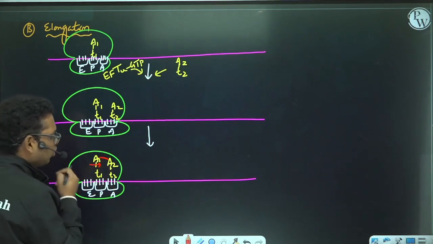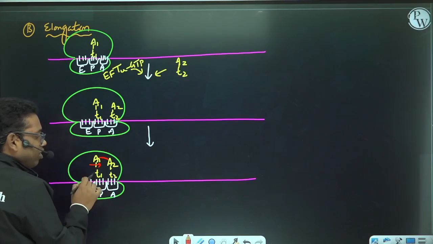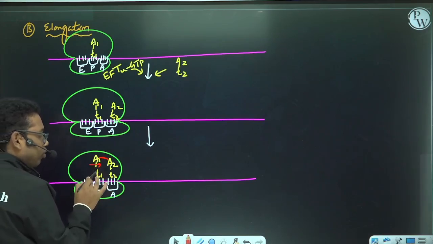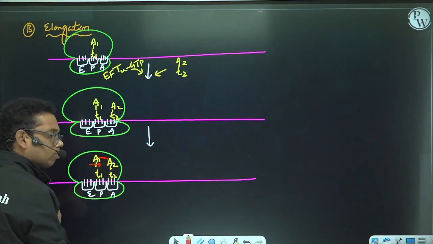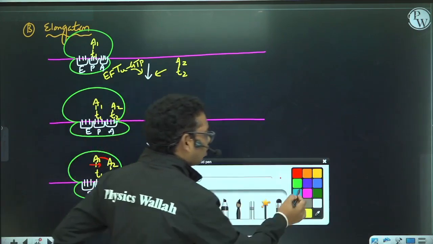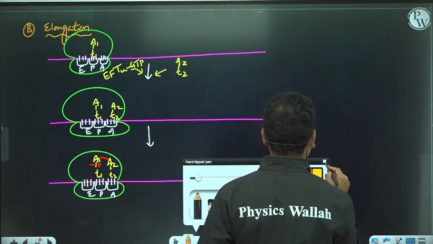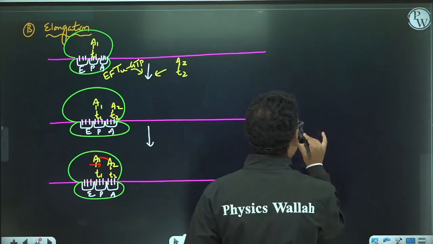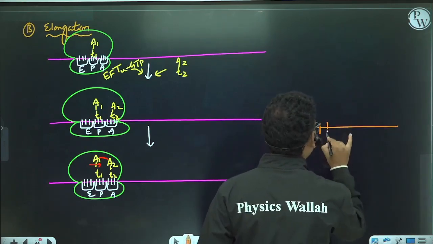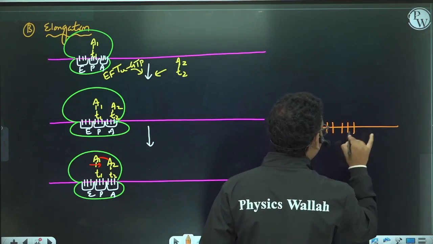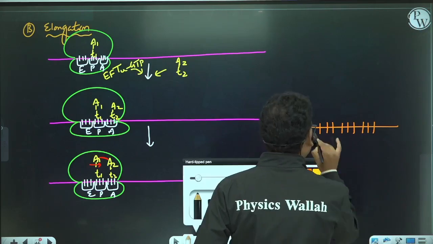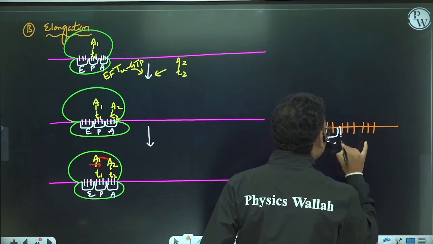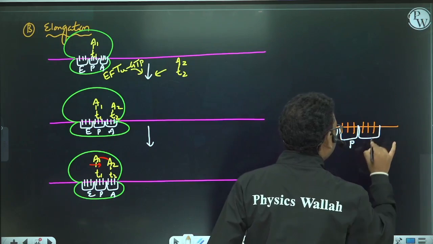The energy released upon the breakdown of this bond will be used to form this peptide bond. Okay, so I can write here like this. Suppose this is the RNA. Suppose this is E side, this is P side, and this is A side.